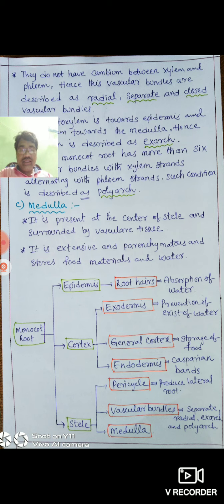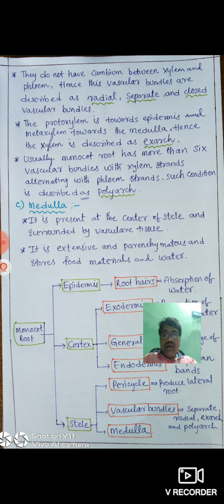Why are we calling them closed vascular bundles? They do not have cambium between the xylem and phloem. Hence these vascular bundles are described as radial, separate and closed vascular bundles.